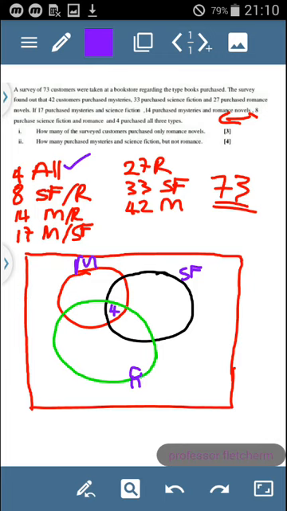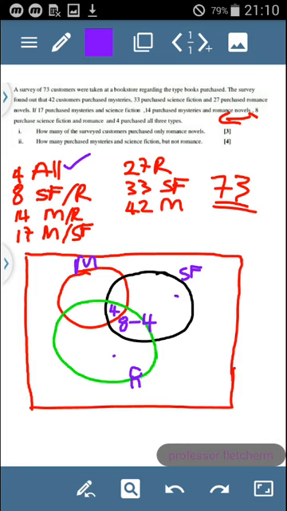Science fiction is here, romance is here, so the intersection is this one, where they had 8. But from this 8, we need to subtract those 4, so it's going to be 8 minus 4.